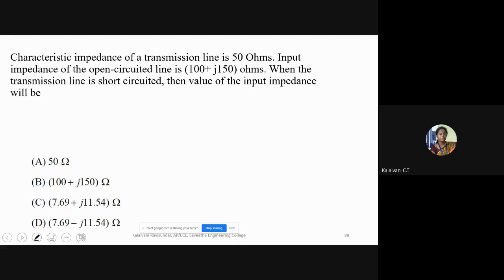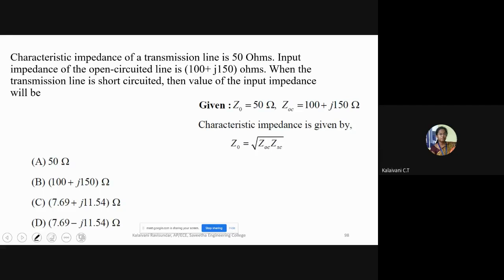The question is to find ZSC. ZOC, ZSC, and Z0 are the terms involved. What is the relation between them? The characteristic impedance is given by Z0 is equal to root of ZOC into ZSC.